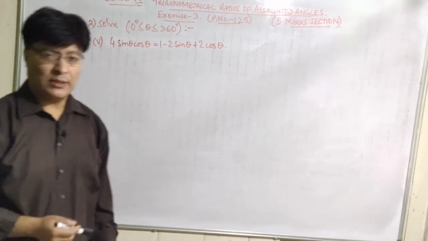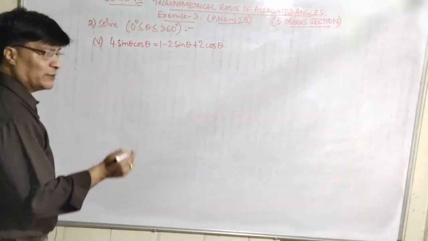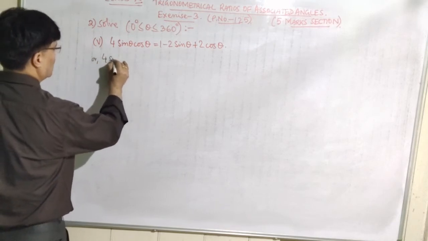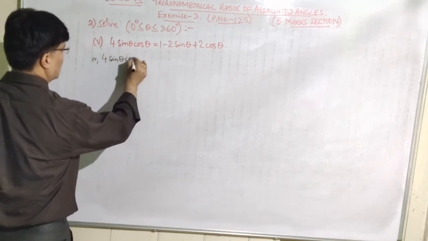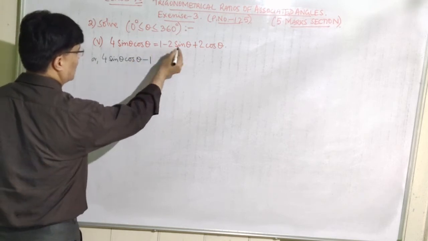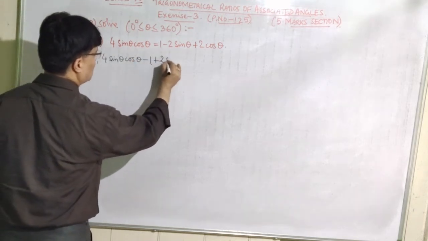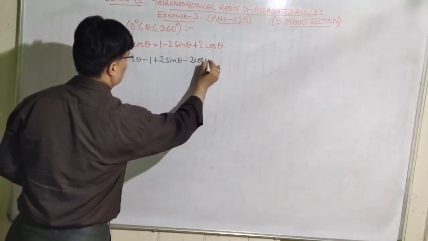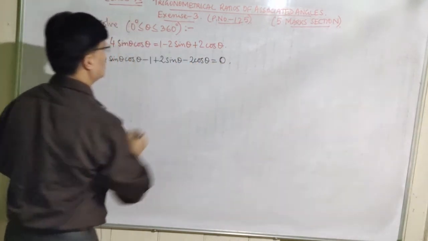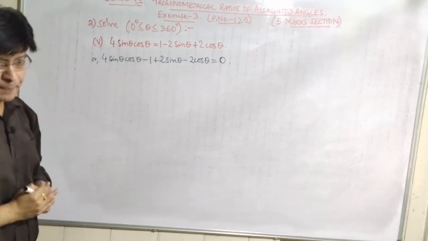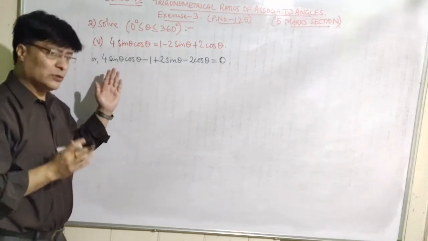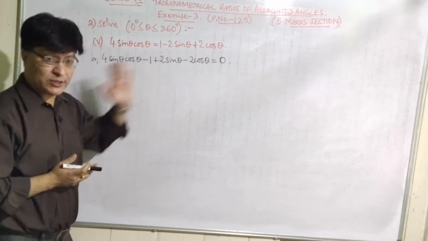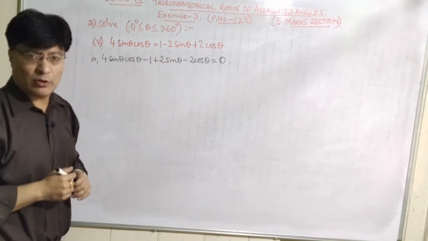Let us solve it. So let us take all the terms to the left hand side, okay? 4 sin theta cos theta minus 1 and plus 2 sin theta minus 2 cos theta, which is equal to 0 on the right hand side. So now you can take either first term and third term or first term and fourth term, so that you can take common out there.